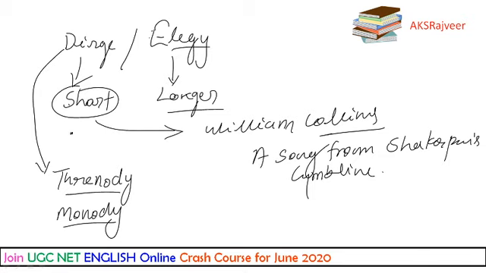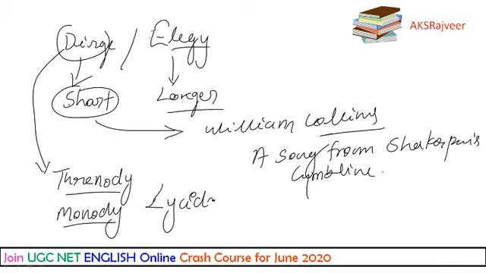Threnody can be equal to dirge, a kind of shorter poem expressing grief. And a monody is presented as the utterance of a single person. For example, you have Lycidas by Milton.